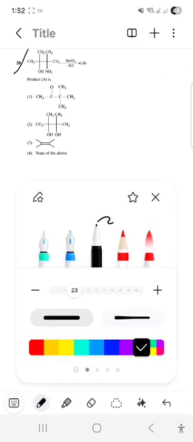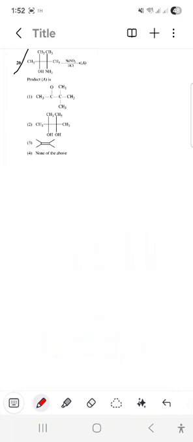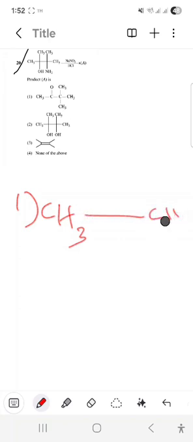Here, first you can take the product. In the first step, what happened? After diazotization, the product is CH3 here, CH3 here, CH3 here.